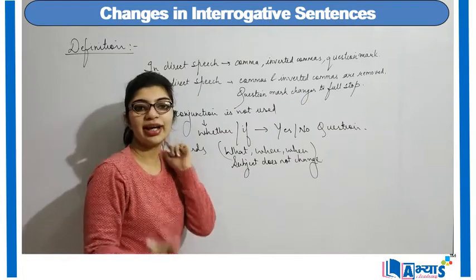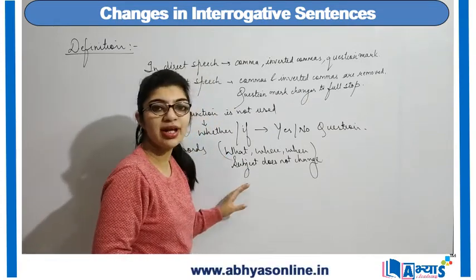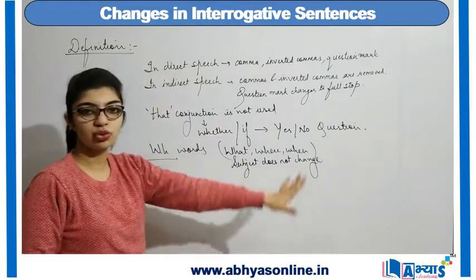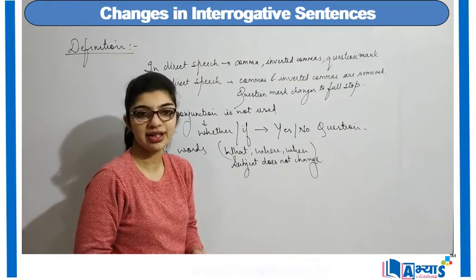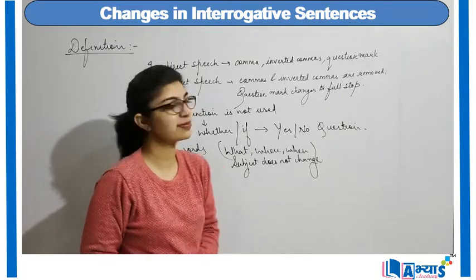So even in direct form our subject is the same, and in indirect form as well the subject will remain the same. So these are some of the rules in order to make changes in interrogative sentences when we are converting from direct speech to indirect speech.